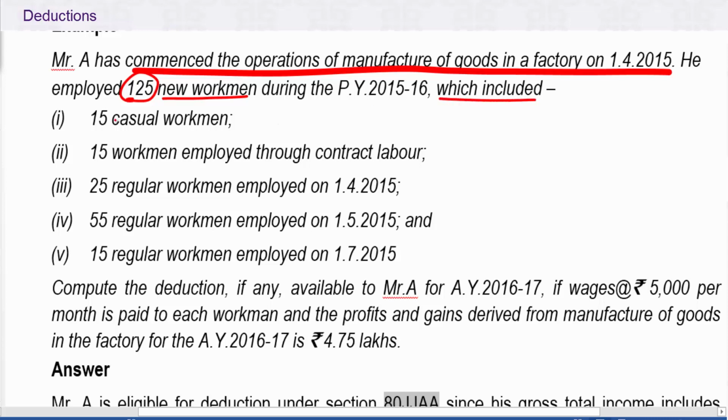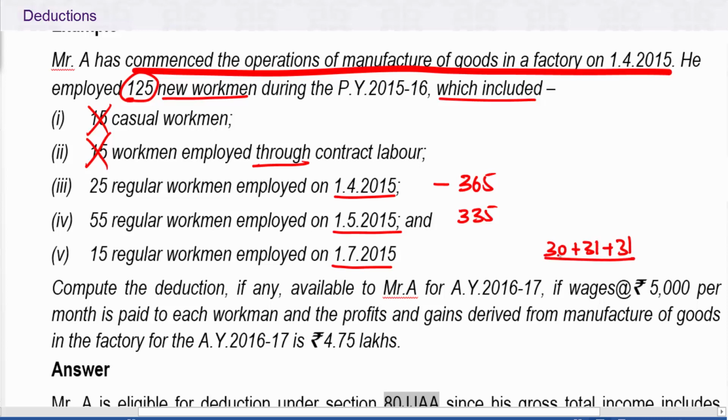They included 15 casual, 15 workmen employed through contract labor, 25 regular workmen employed on 1/4/15, therefore they work for 365 days, 55 regular workmen employed on 1/5, which means they work for 30 days less, so that makes it 335. 15 regular workmen employed on 1/7, so they haven't worked for April, May, June, that makes it 92 days, so that goes below 300, so they are also not eligible.